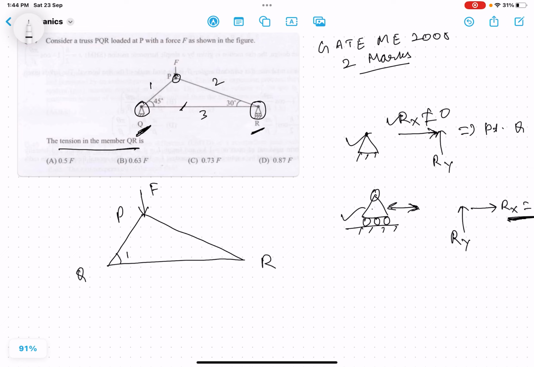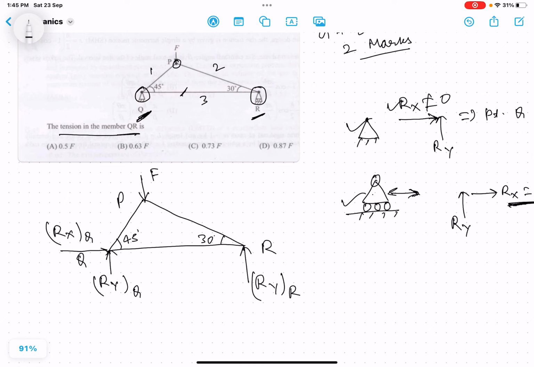This angle is 45 degrees, and this angle is 30 degrees. We will get two reactions here, Ry at point Q and Rx at point Q. Here we will get only one reaction, Ry at point R.